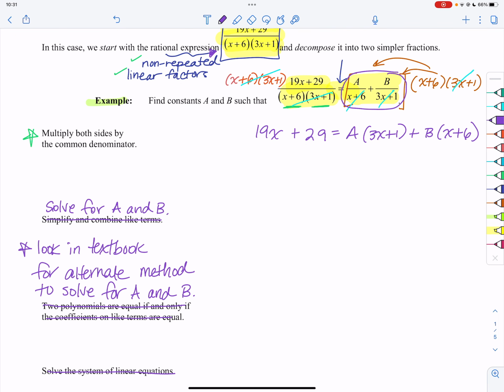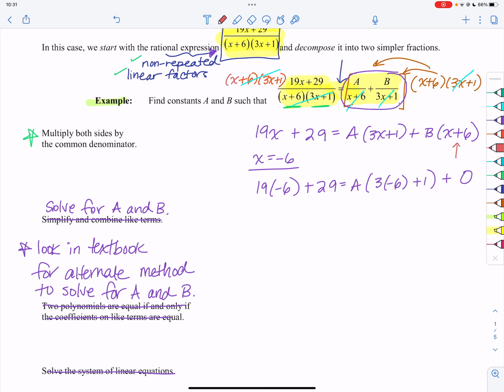Well, what I like to do is I like to remove a factor. Since this is a polynomial, you are allowed to let x be any value you want. So I'm going to first let x equal -6. And if I do that, I've got 19 times -6 plus 29 equals A times 3 times -6 plus 1 plus 0. Because here, if x is -6, we will come up with 0.